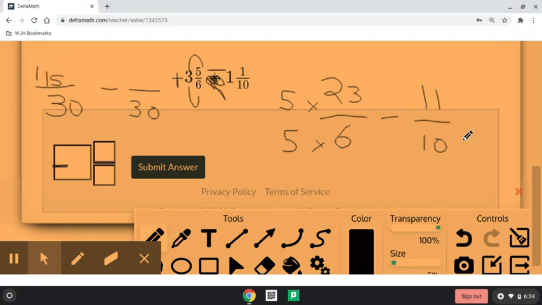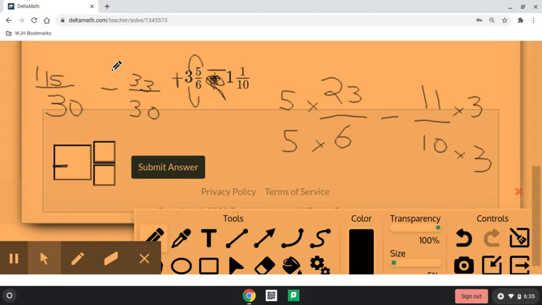And then this is going to have to be multiplied by 3. This also has to be multiplied by 3. So 11 times 3 is quite a bit easier. 33 over 30. Now we just have to subtract 115 minus 33.